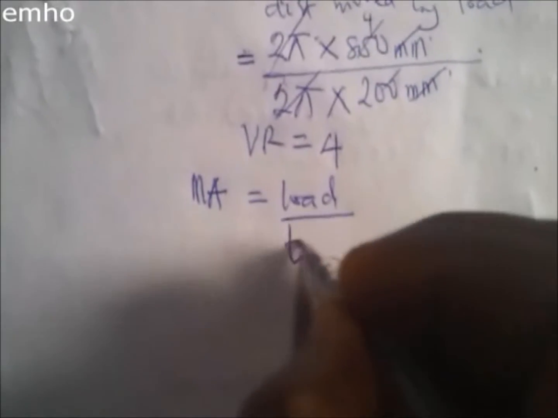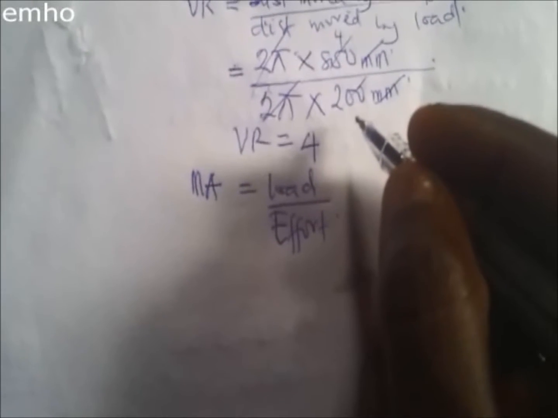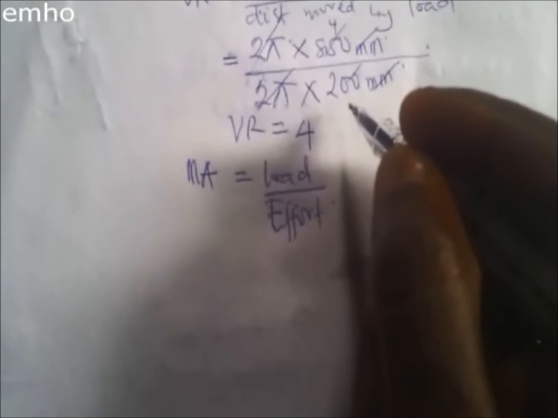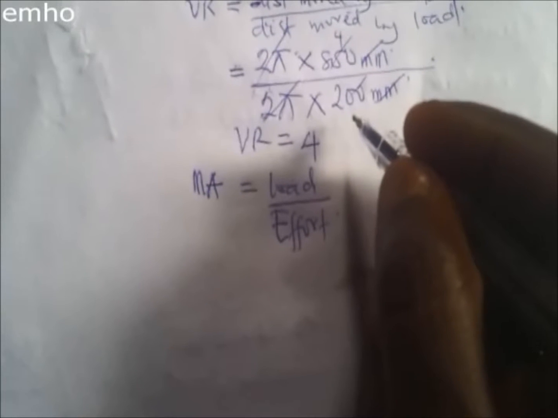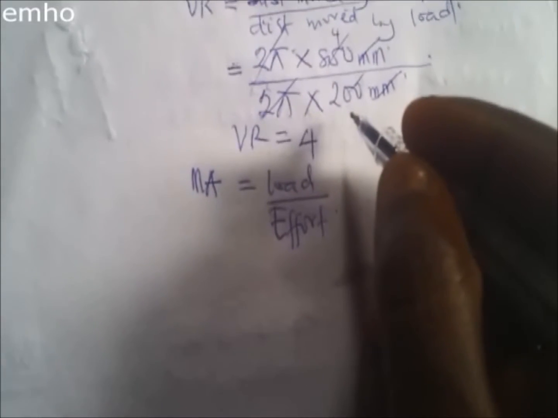That's the first step. The second step: we know that our MA, mechanical advantage, is given as load over effort. From the question, we were told that the machine is used to raise a body of 800. That is the load being carried.